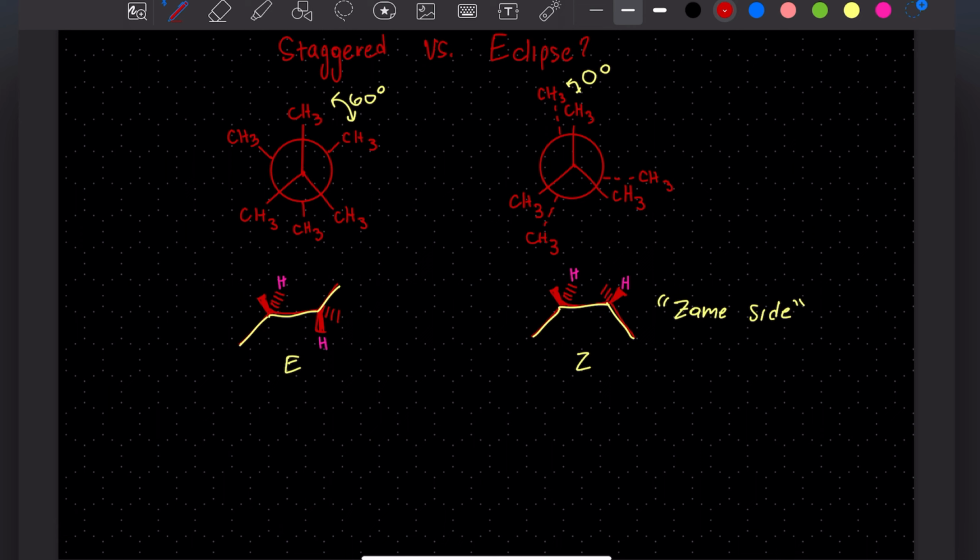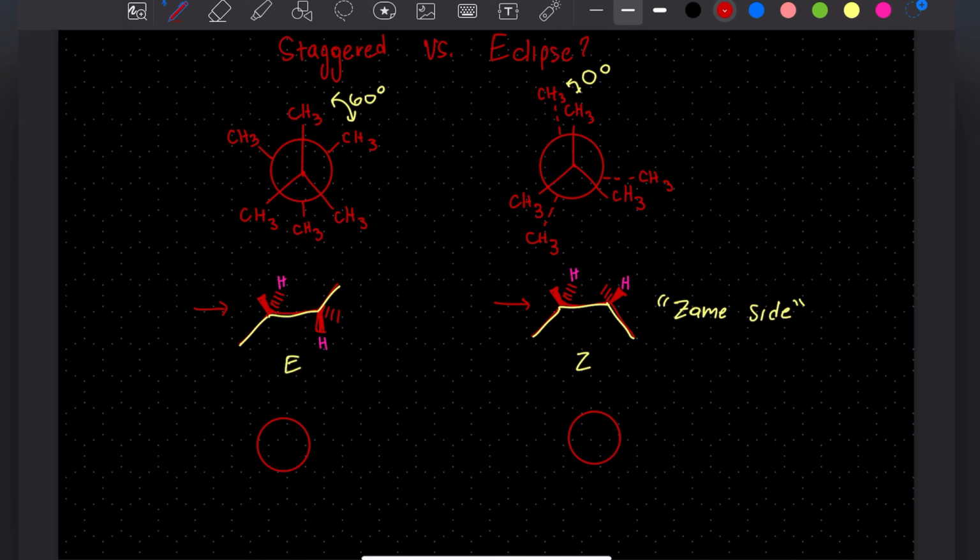Alright, so let's say that we're told to draw the Newman projection from the angle right there. The first thing that we always want to do is draw our back carbon, so draw in the circle. Alright, so now we can draw our Newman projection.